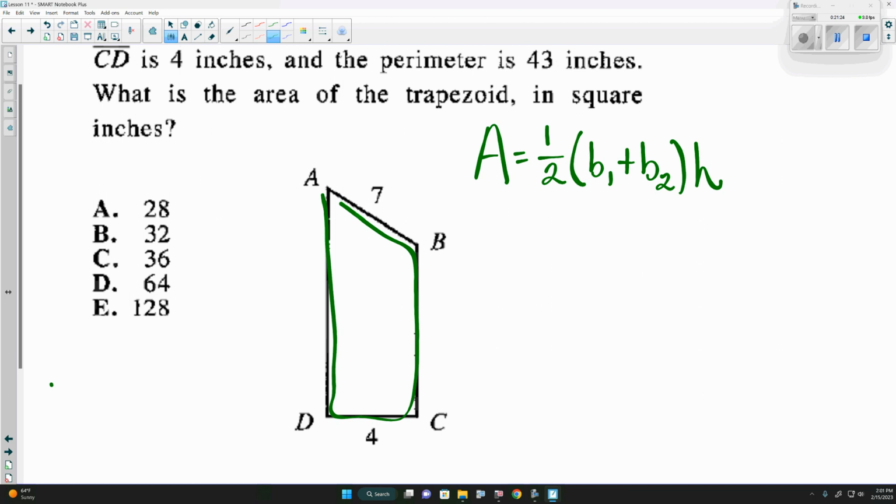Now, what is the height of the figure? Because what's the height from one base to the other? Which one of these sides would be considered the height?